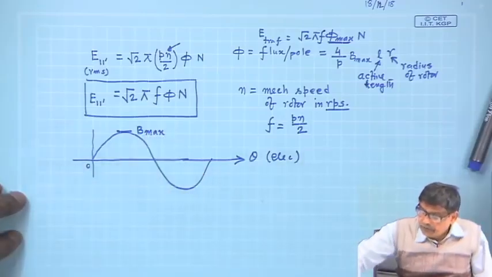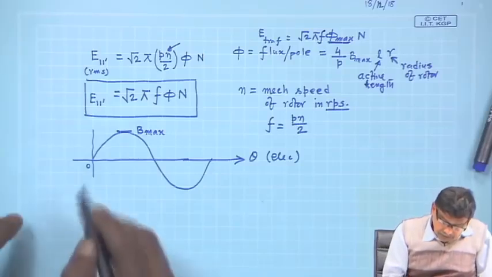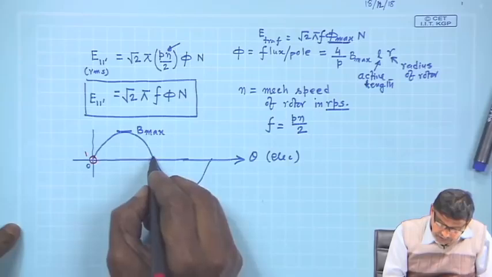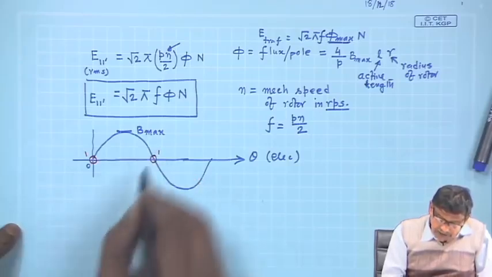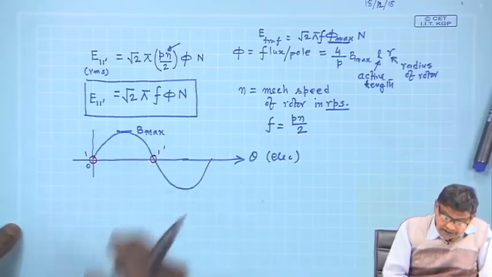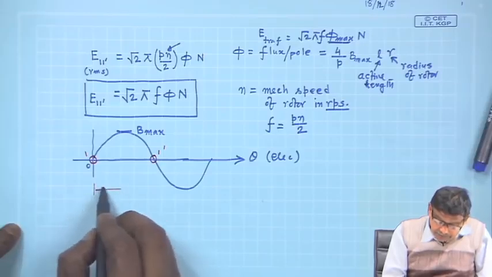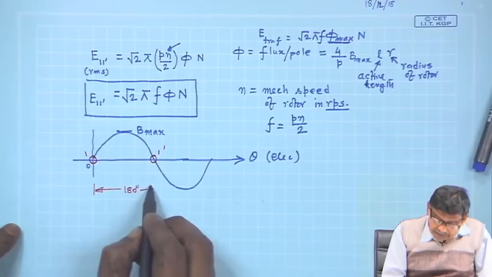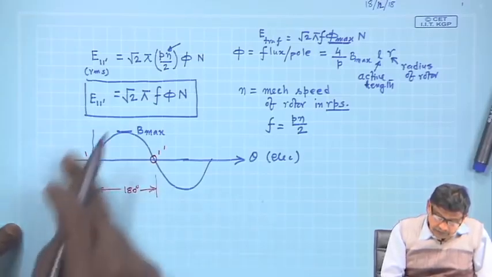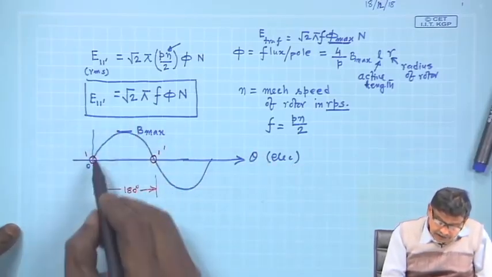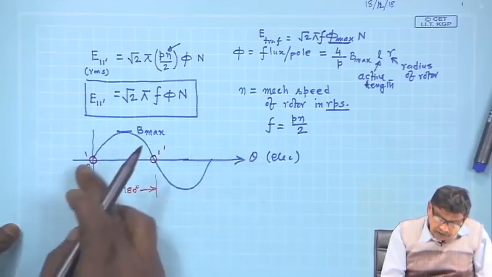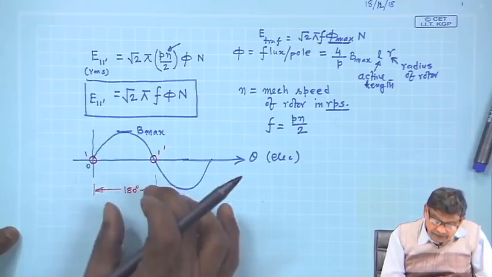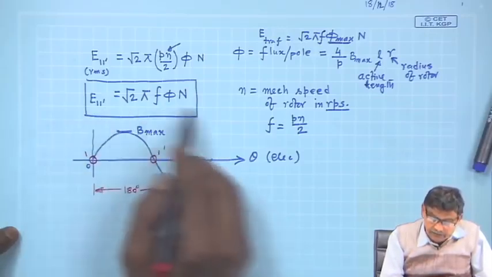And if you imagine your coil is staying here at t equal to 0, with 1 and 1 dashed, the coil span should be 180 degrees electrical. So, this is always 180 degrees electrical. This is how B is distributed, and if this coil moves, there will be an AC induced voltage in it. The RMS value of that AC voltage is this one.